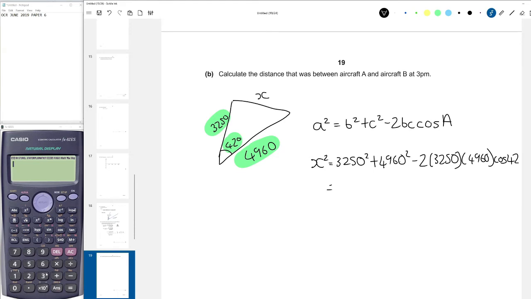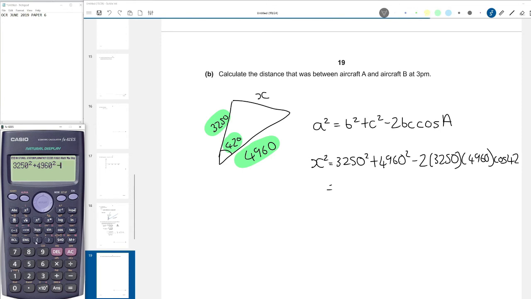So if we input into that calculator, our answer would be this.